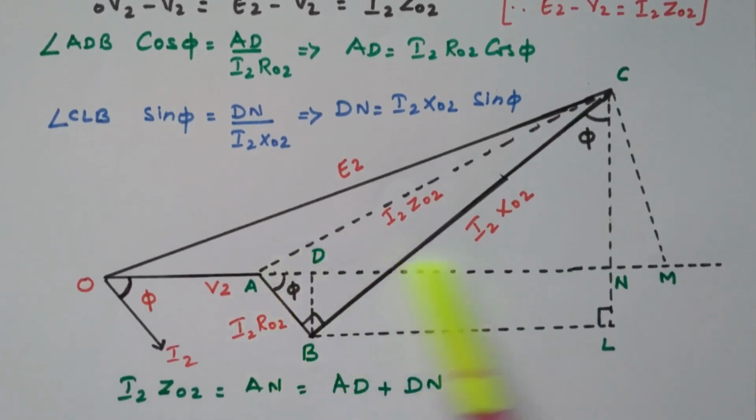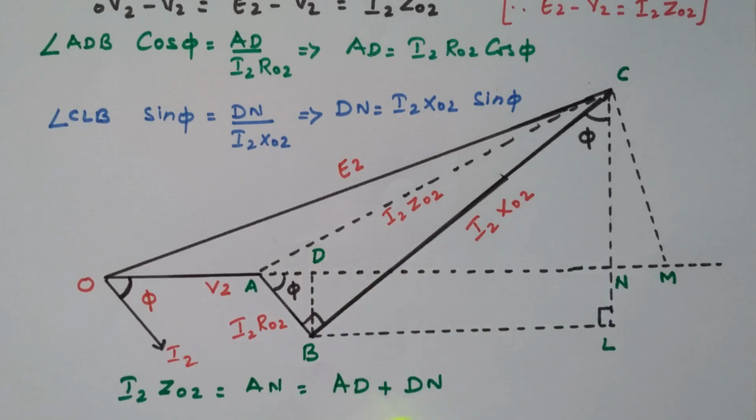The distance AN is nothing but I2 Z02, from A to N. AN is now split into two, AD plus DN, because for calculation we can measure AD easily, also DN easily, so AN is rewritten as AD plus DN.